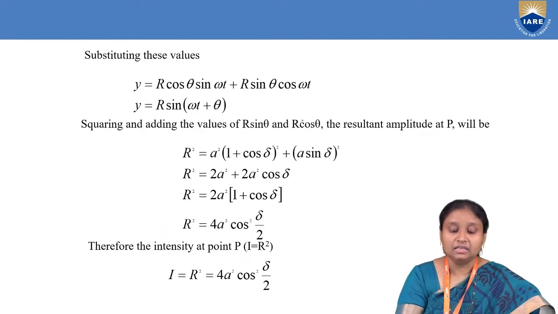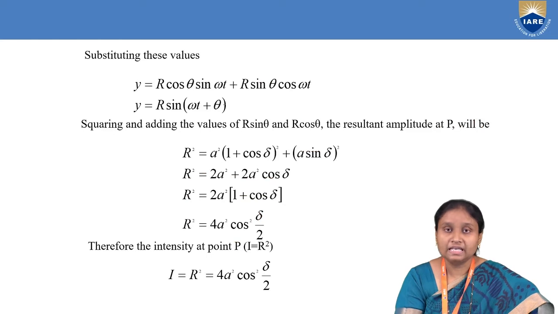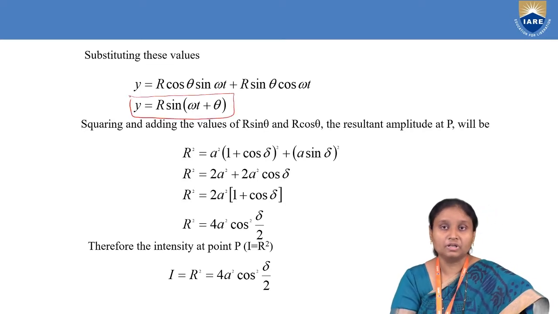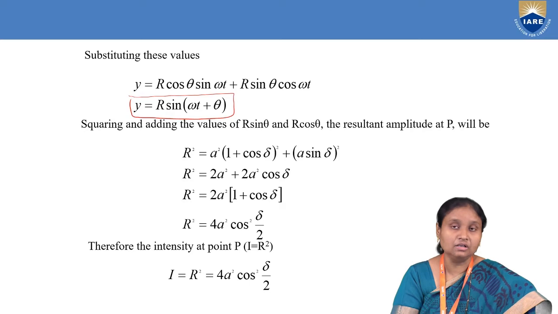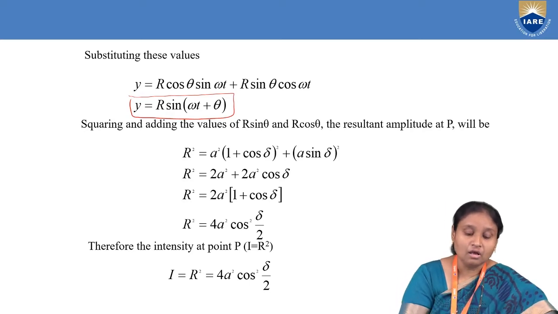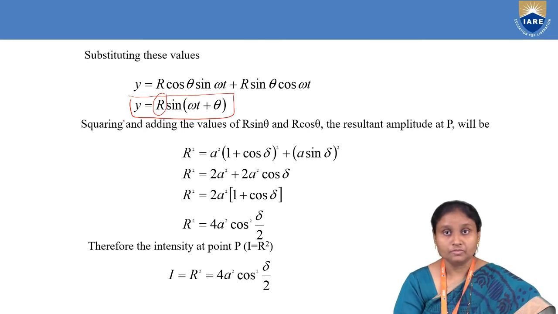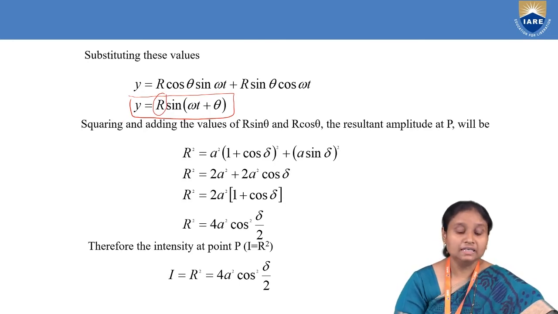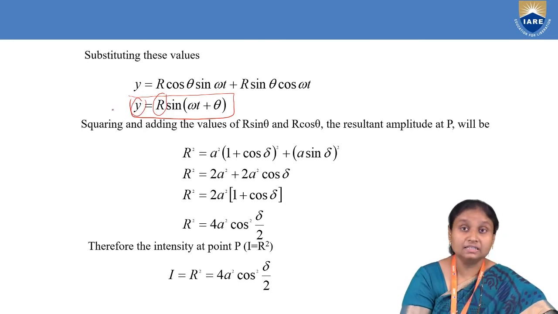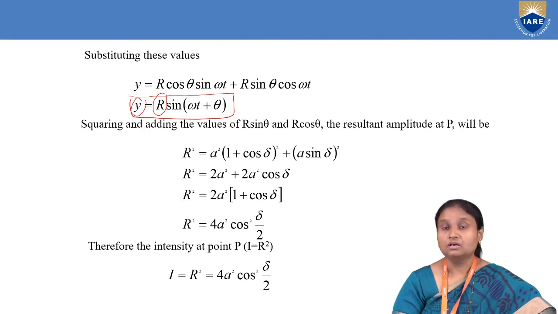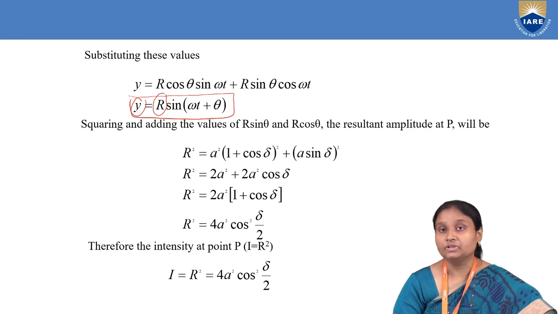Now again, it is in the form of sin A cos B plus cos A sin B. So if I simplify it, my resultant displacement comes in this particular formula, which is given as r sin(omega t plus theta). What is r? R is the resultant amplitude, and y is the resultant displacement because of superposition of two waves whose displacements are given by y1 and y2.